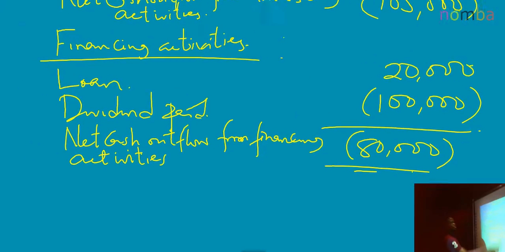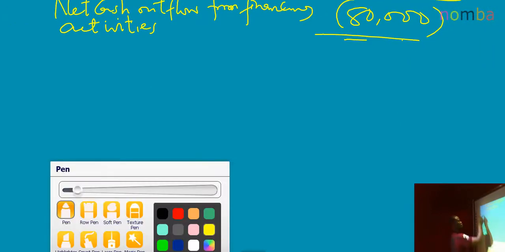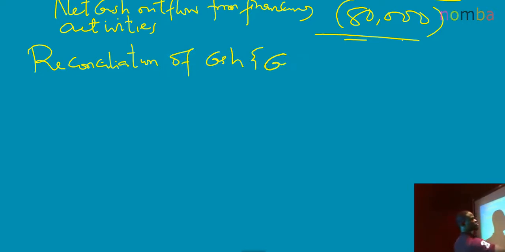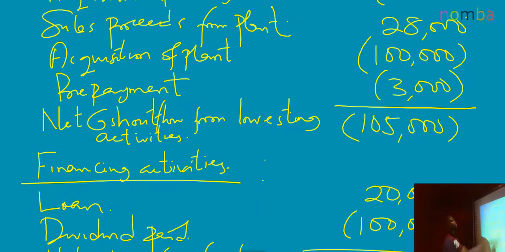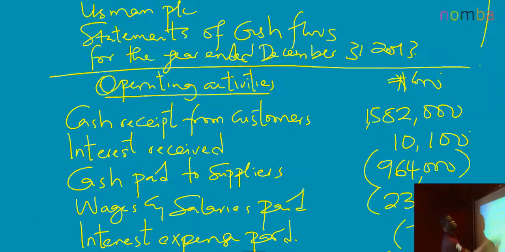Okay, so let me now do the reconciliation of cash and cash equivalent. So cash and cash equivalent at the beginning, and the only cash and cash equivalent we have here is the cash.